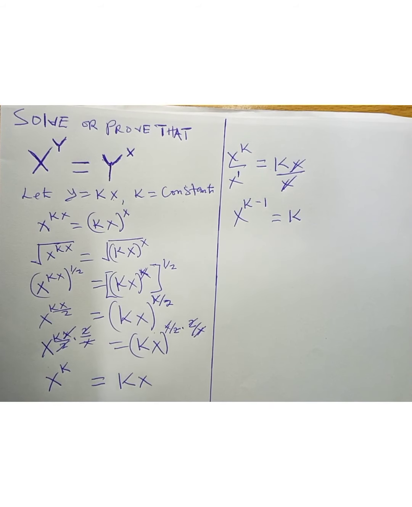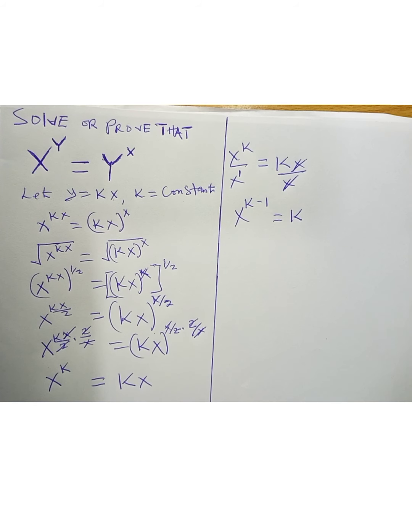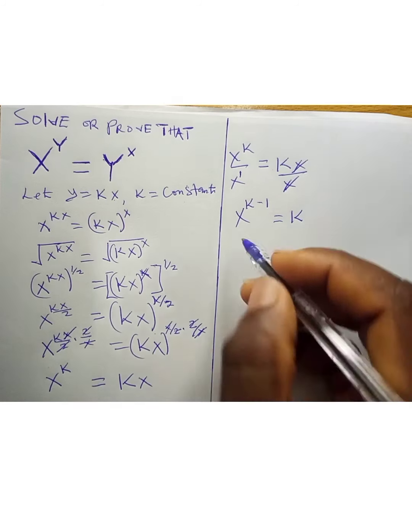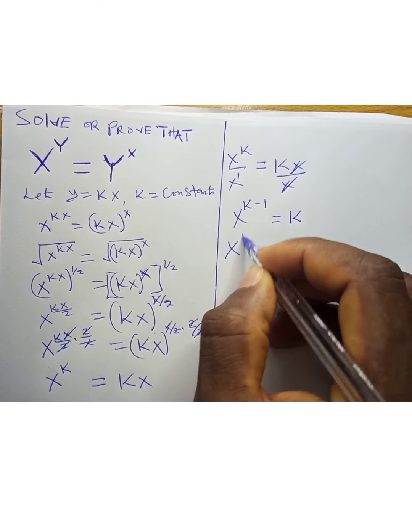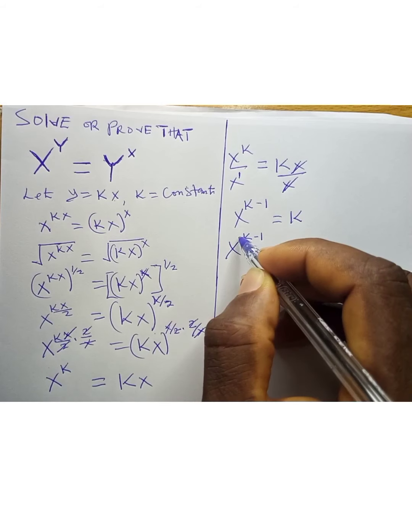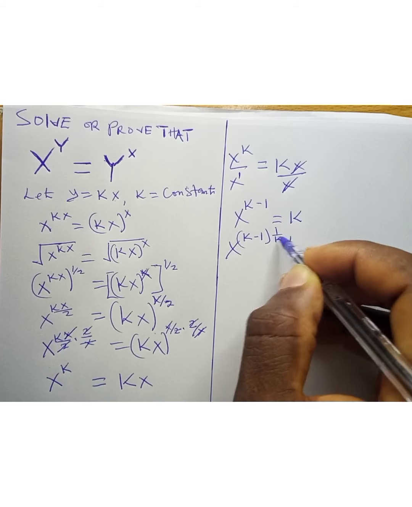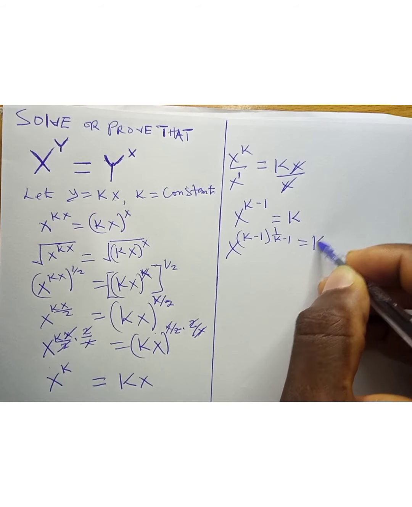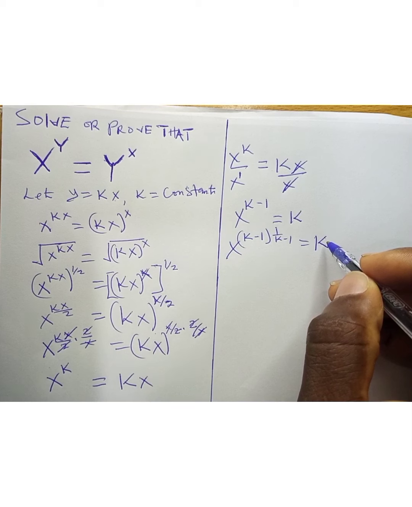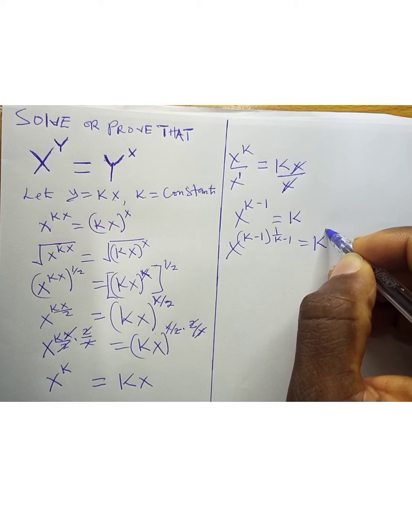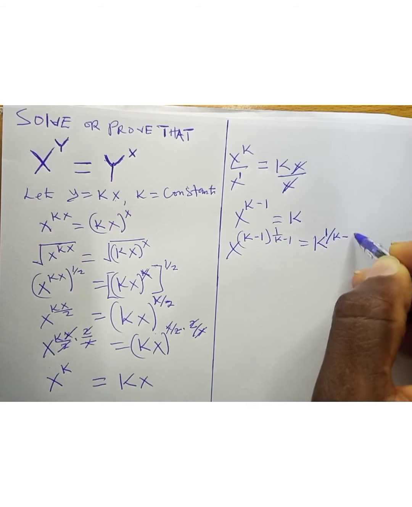Now if we have that, we can multiply both sides by 1 over k minus 1. So we're going to have x raised to power k minus 1, that is the power now, multiplied by 1 over k minus 1, equals k raised to power 1 over k minus 1.